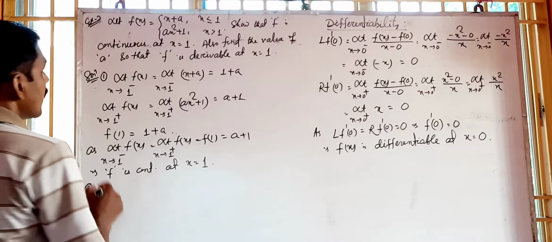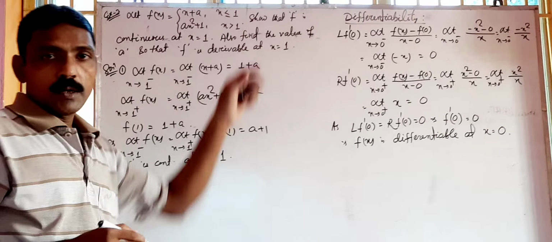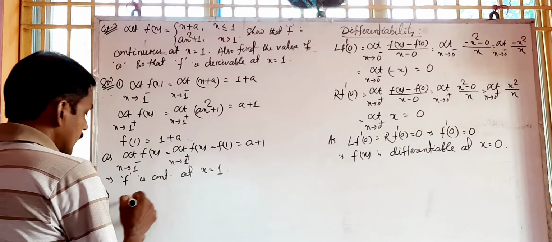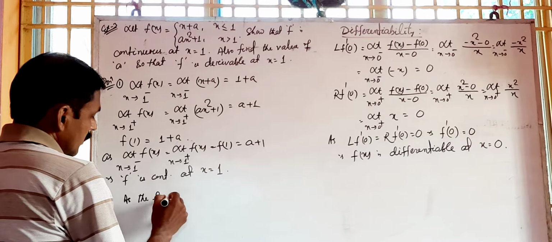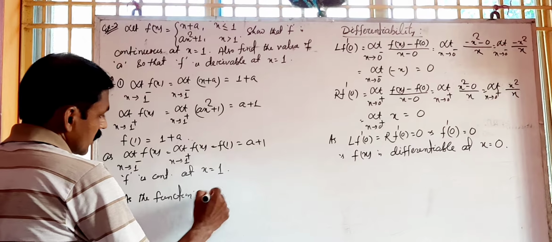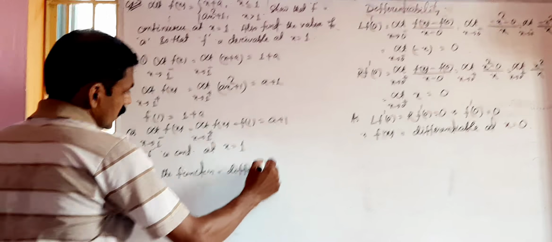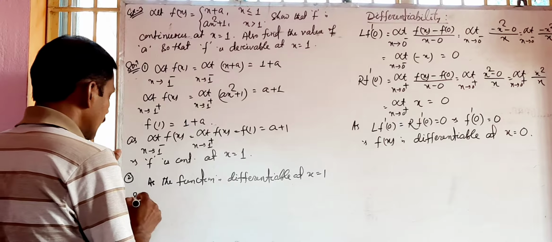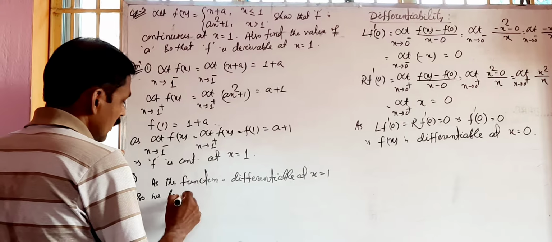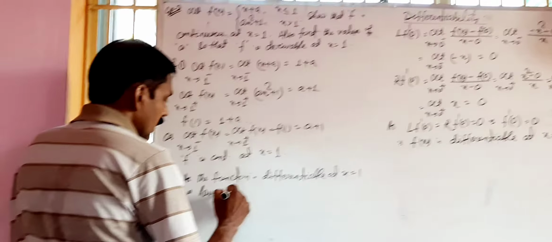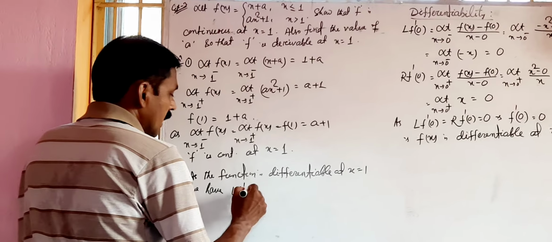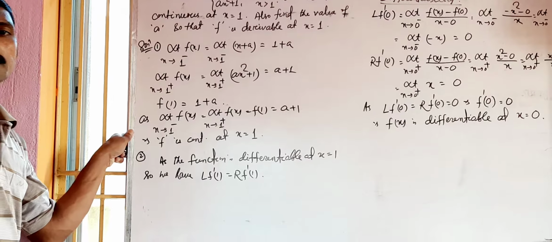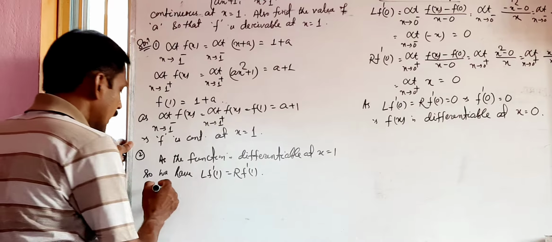Then the second part: here we have to find the value of a if the function is differentiable. We write that the function is differentiable at x equal to 1. So we have L f dash of 1 must be equal to R f dash of 1, left hand derivative equals right hand derivative.